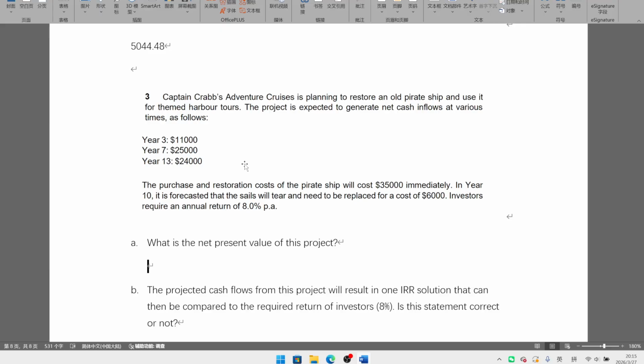The project is expected to generate net flow at various times. So in year 10 there is a cost of 6,000. So we need to discount each one back. For the first one, we use a calculator.